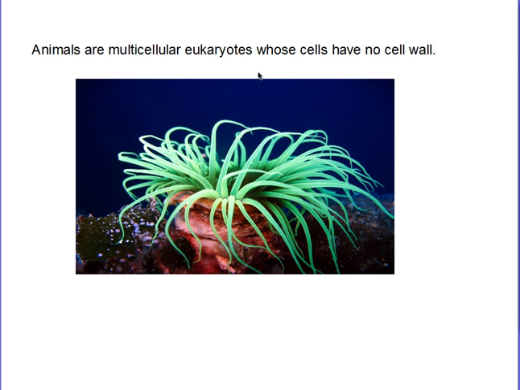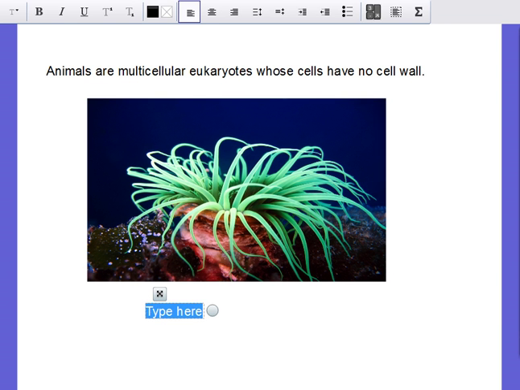Now, animals are multicellular eukaryotes whose cells have no cell wall. Now, we normally see this in the sea. When we watch movies, we normally see these organisms there.